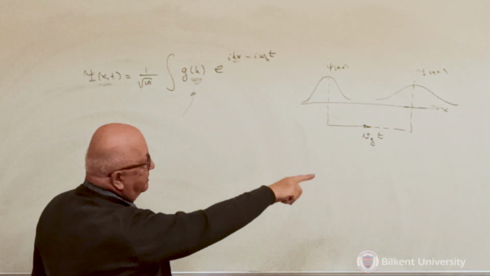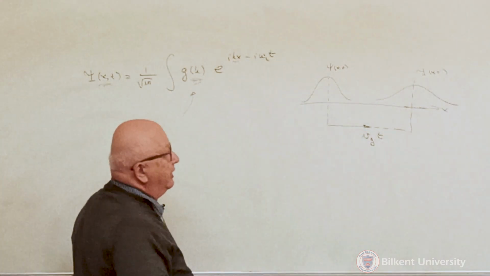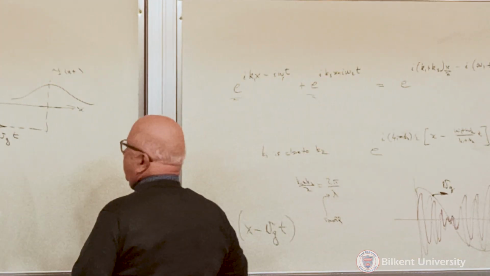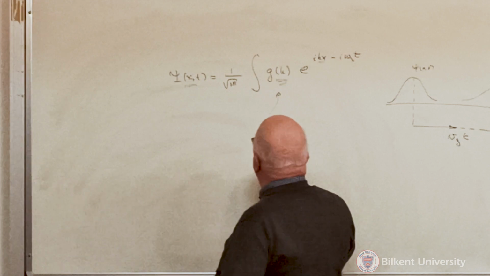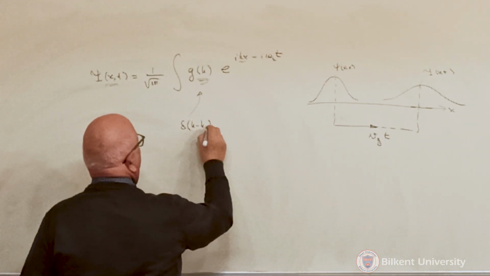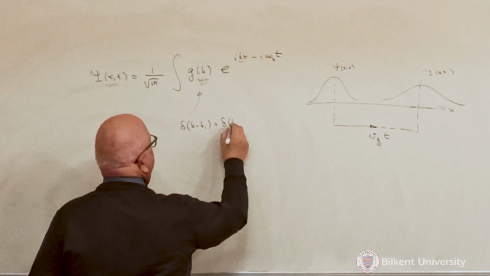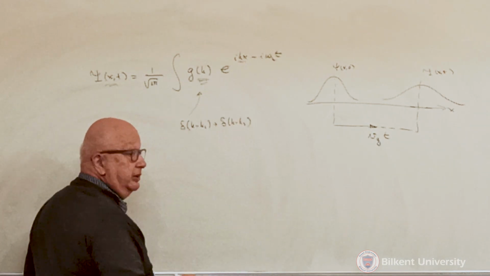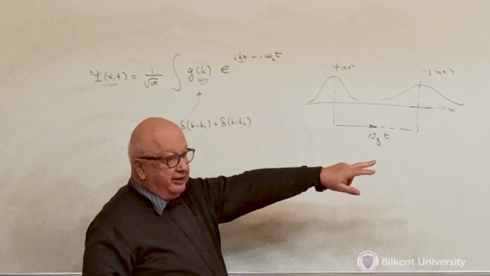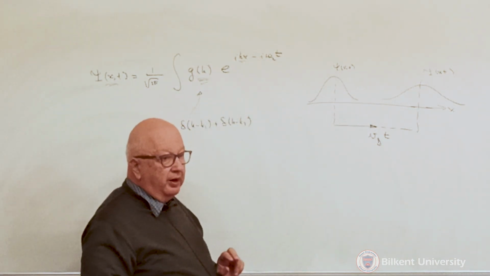So the analysis that I did there had these two wave functions. What does that mean? This g of k was really a delta function of k minus k1 plus delta of k minus k2, right? So if I put that in here, I am going to get that, okay?